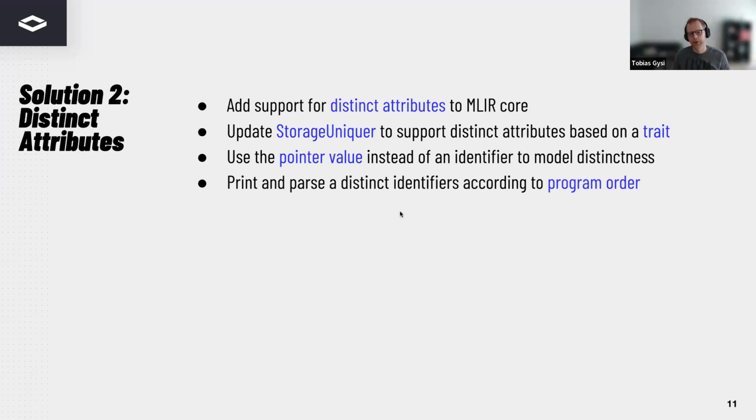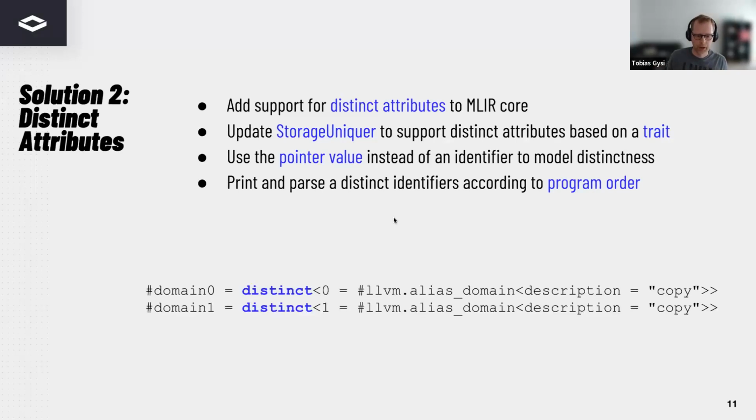And during parsing, or mainly during printing, we will actually walk all the distinct attributes and print an identifier for each attribute. Doing this during the printing is actually nice because that makes the IR deterministic, in the sense that the numbering will always be the same based on the program order.